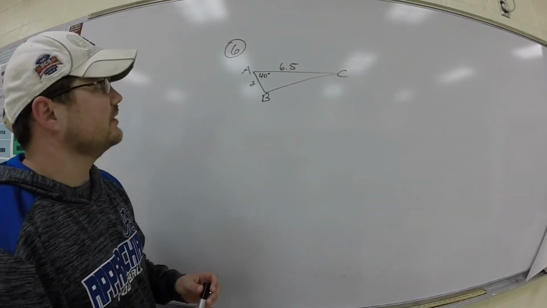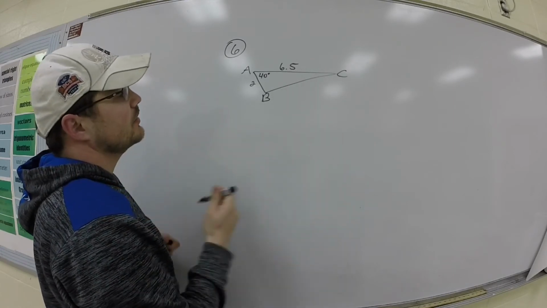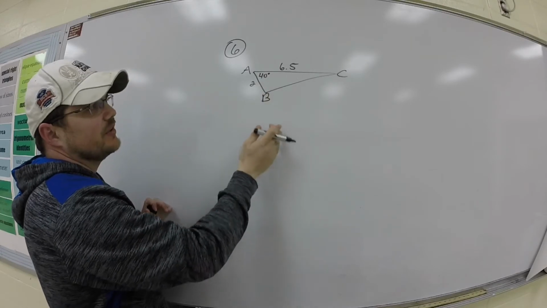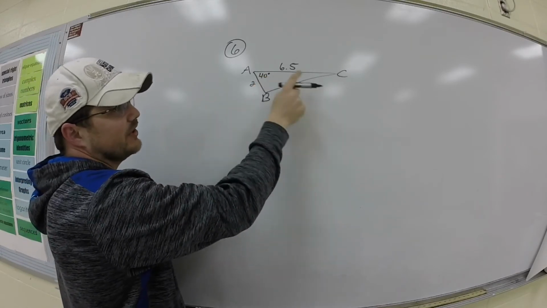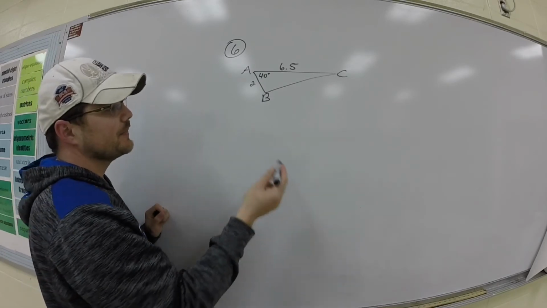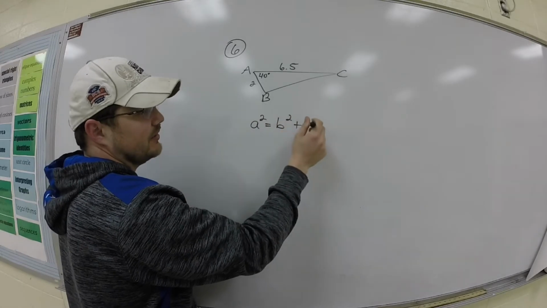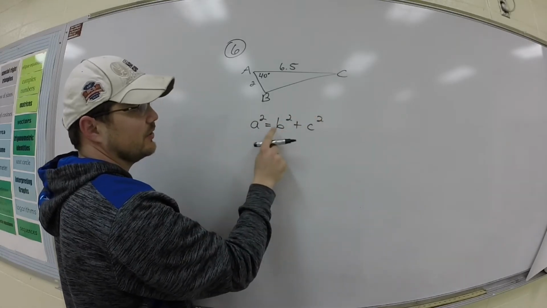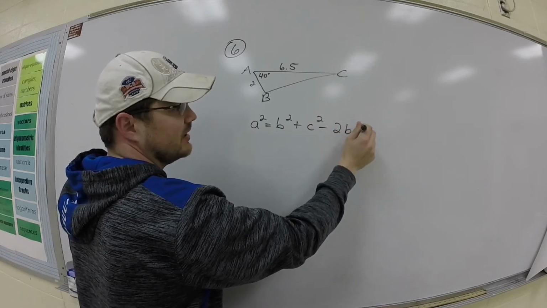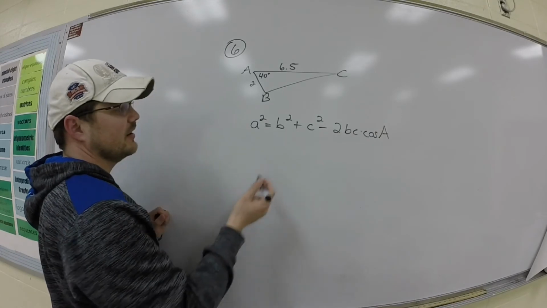Okay, number 6 wants us to find side BC. And so we don't have an angle with a side across from it. We have 40, we don't have this side, and we don't have any other angles, so let's do law of cosines. And here's law of cosines. There are 3 variations of it. A squared equals b squared plus c squared minus 2 times b times c times cosine of angle A. And I'll go ahead and write the other ones.